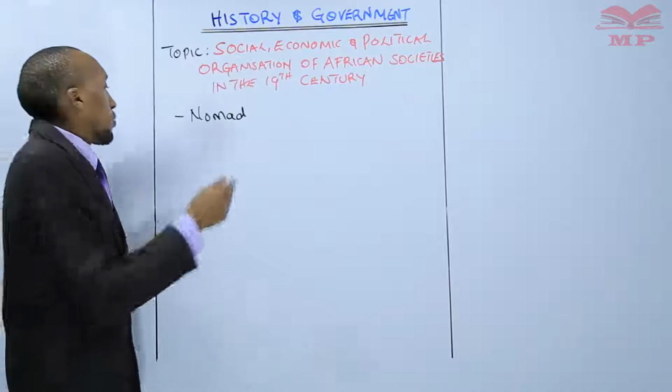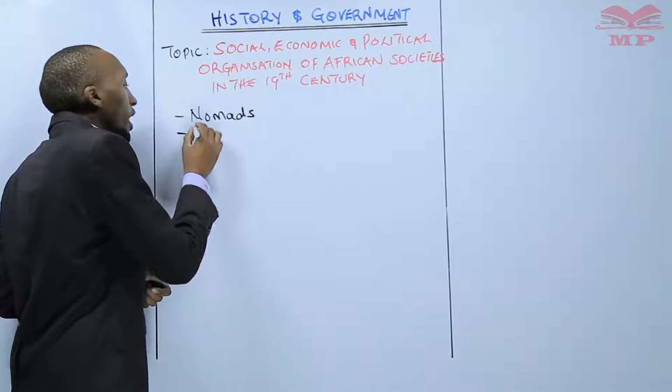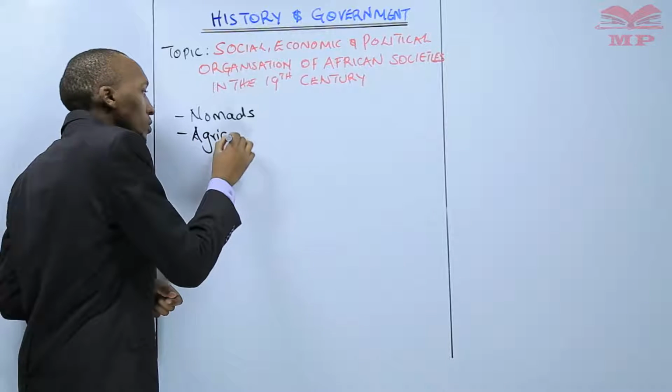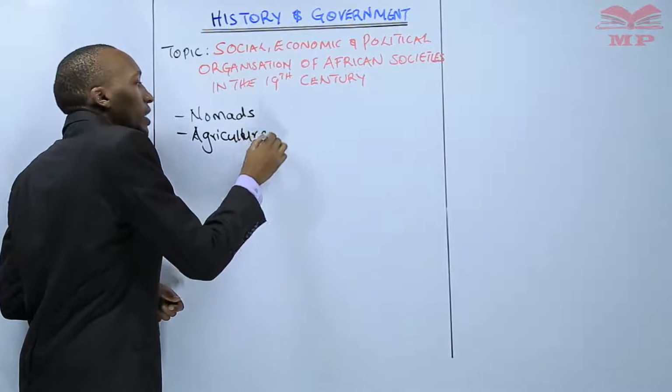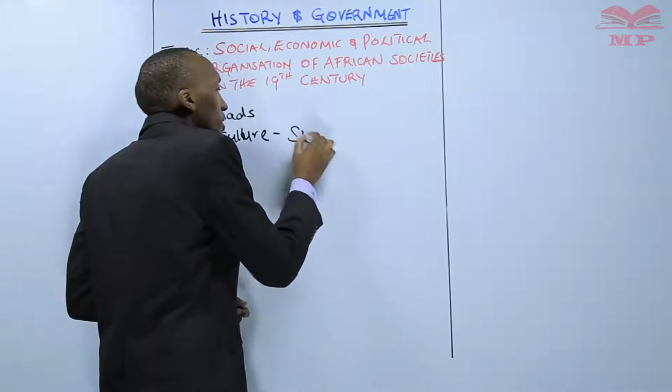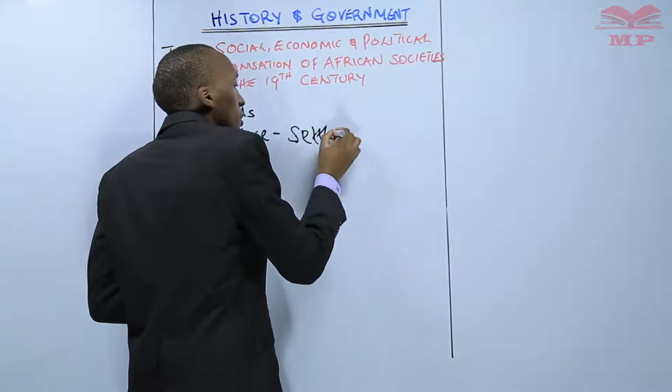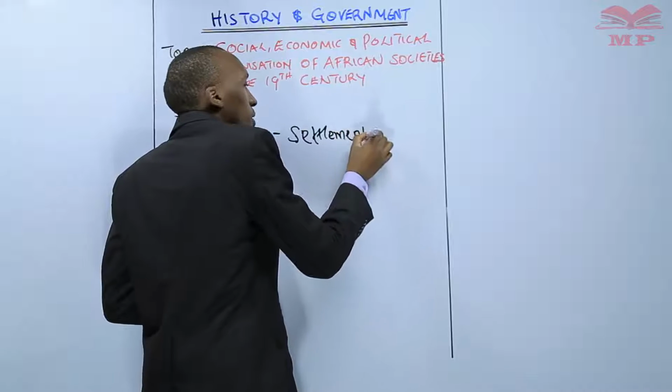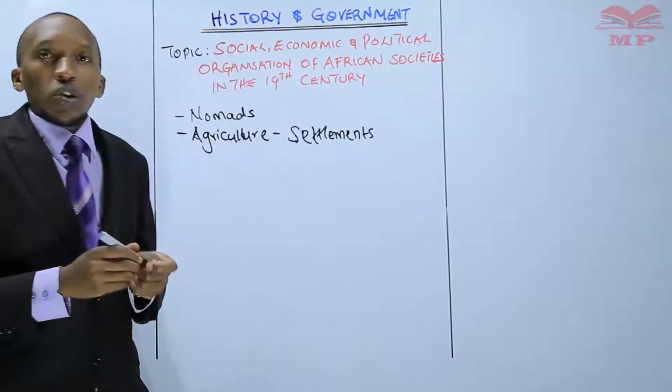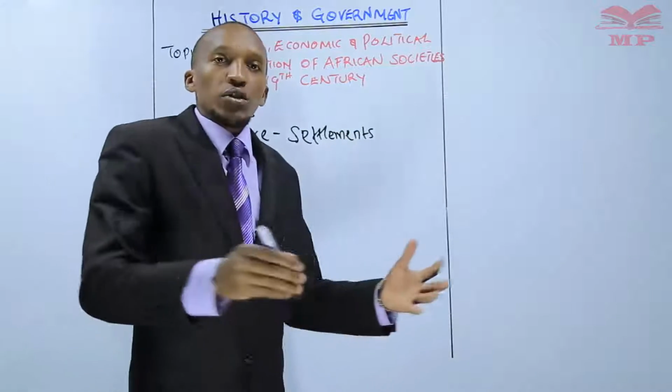But with the development of agriculture, early agriculture encouraged settlements. People had to settle down and live in small groups.